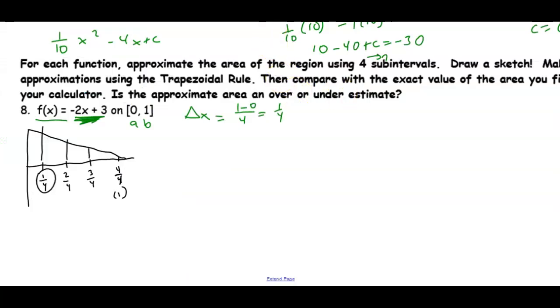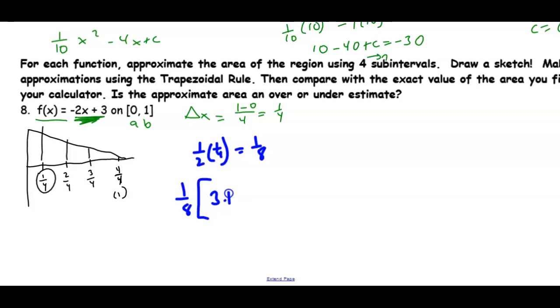Because of the trapezoid formula, I have to multiply the width by 1/2. So I got 1/2 times 1/4, which is 1/8. So I'm going to do 1/8 times the height.